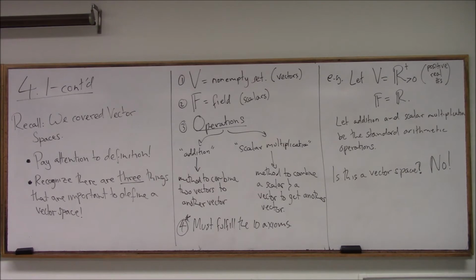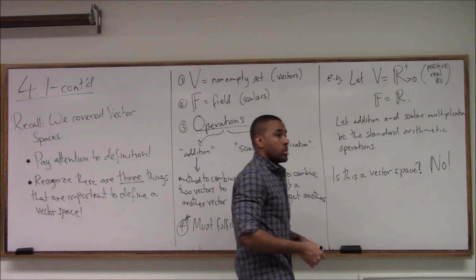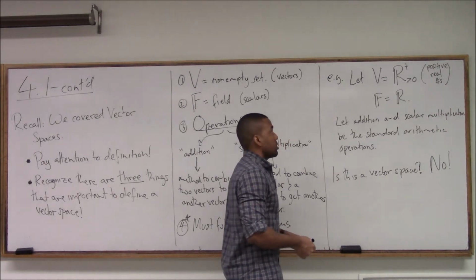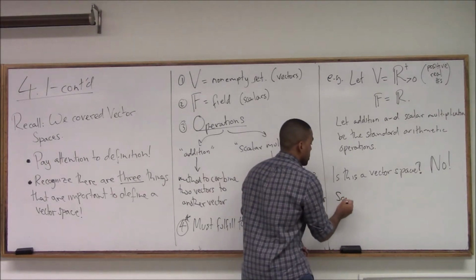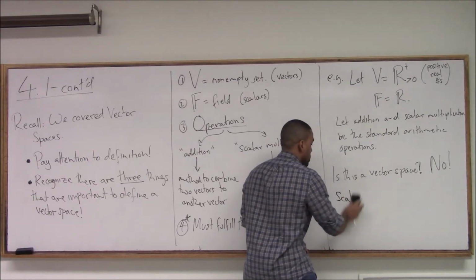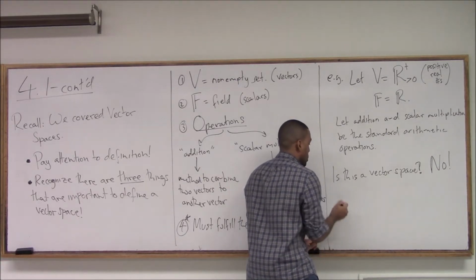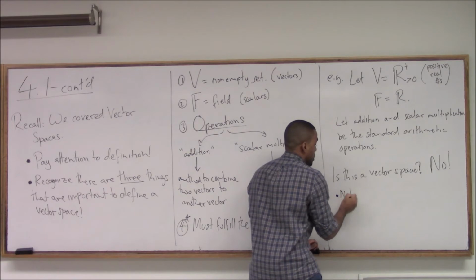This would be scalar multiplication, because the vector is all real numbers, but greater than zero. Right. For one, it's not closed under scalar multiplication. That's one reason.